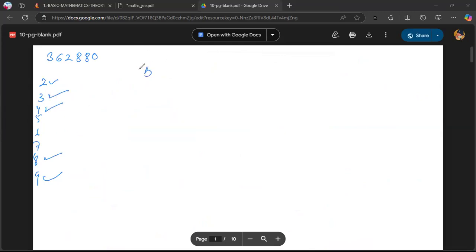So the divisibility rule of 5 says if the unit digit, the last digit of the number, is 0 or 5, then the number will be completely divisible by 5. So in this case, will this number be completely divisible by 5 or not?